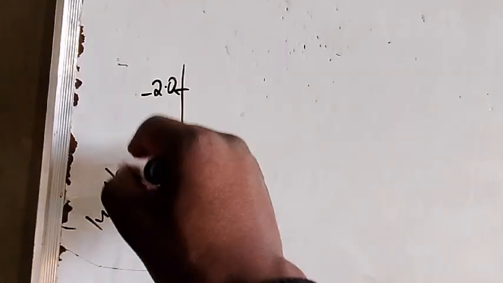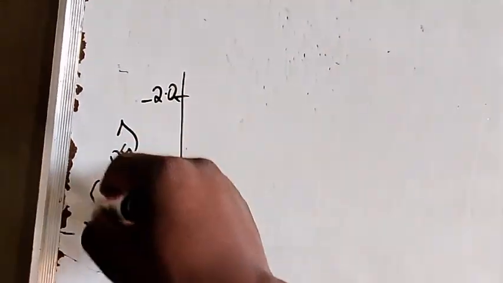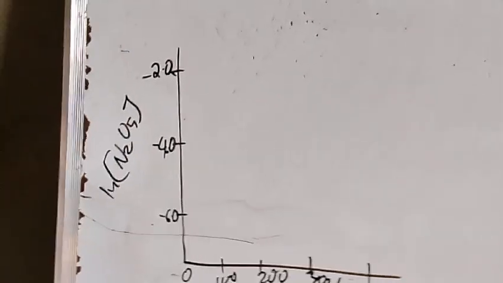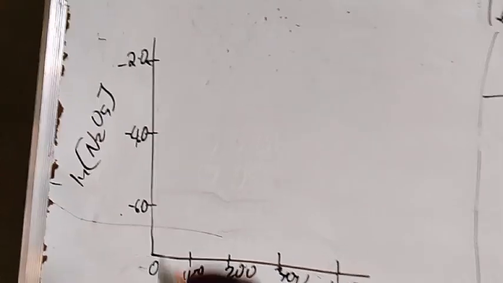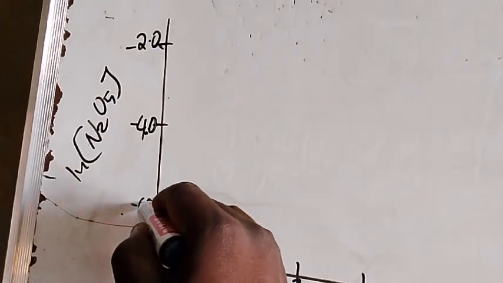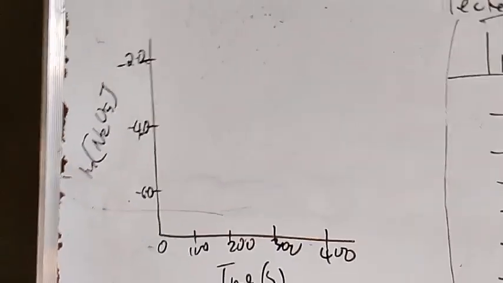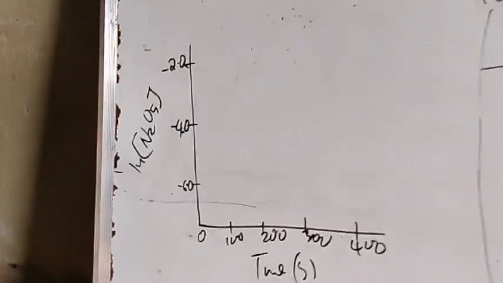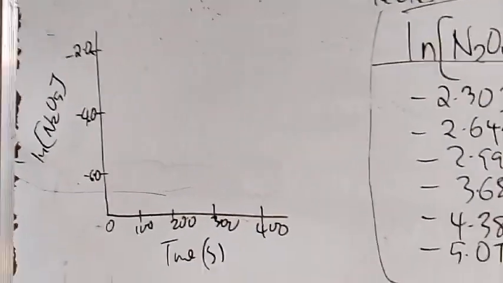So this is ln N2O5. Okay, so this is the scale. So -6.0, -4.0, then -2.0.